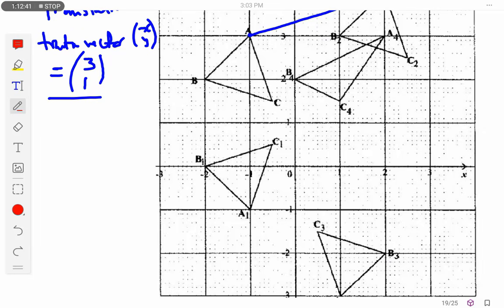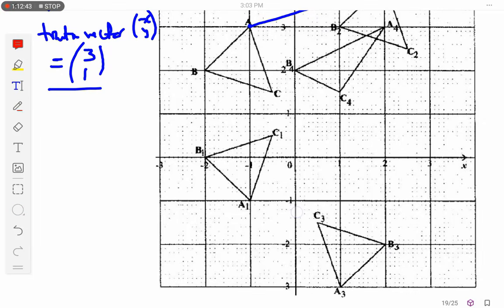Okay, and how do you find the center of enlargement and everything? You can join points. You join your A to A there, you join your B to B there. I'm just doing my freehand.